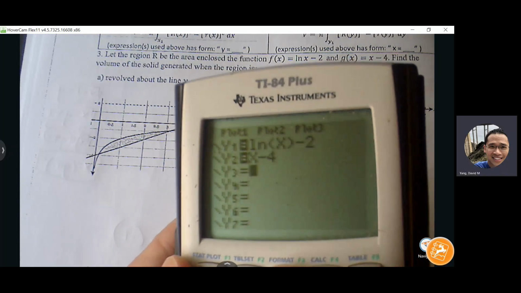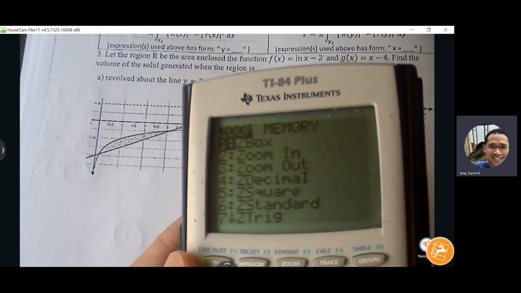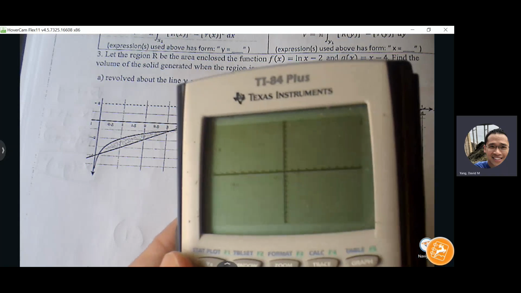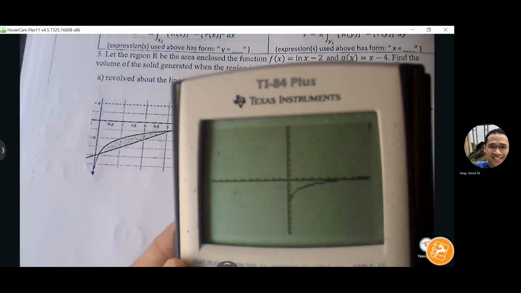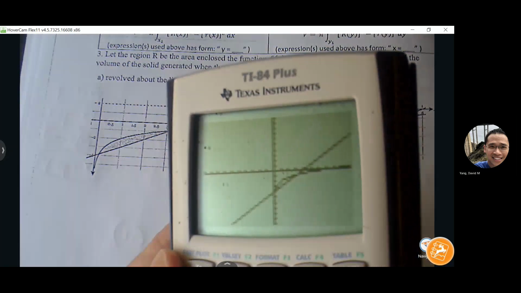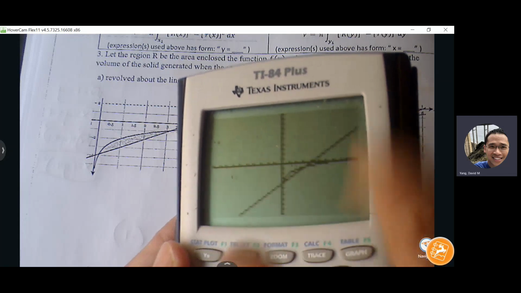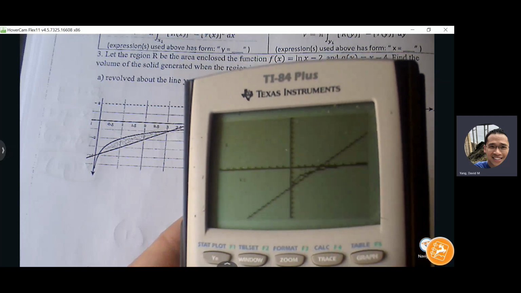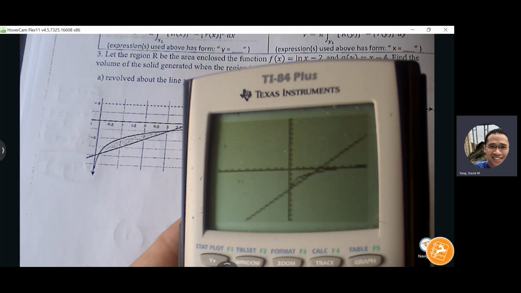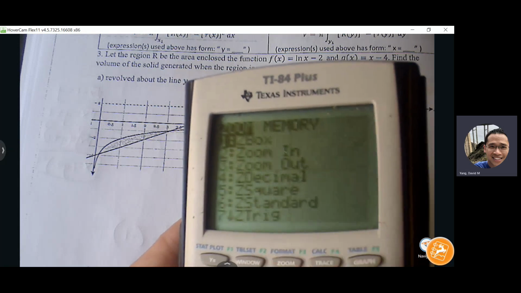I like to do zoom 6, zoom standard, just to see where my graph is. It's a little small, so I'm going to put a box around this region so I can have an easier time identifying the graphs and the intersections. So I'm going to do zoom 1.